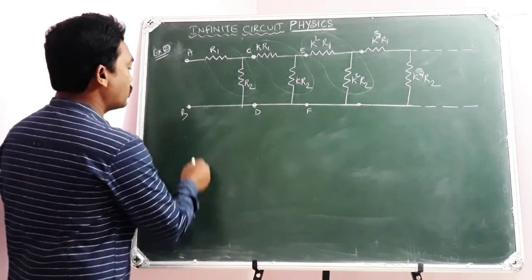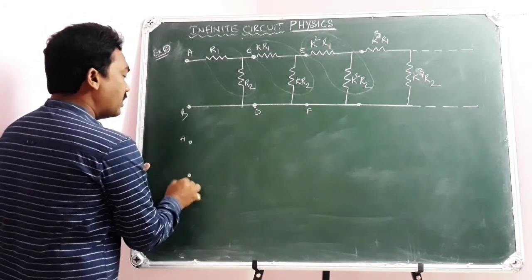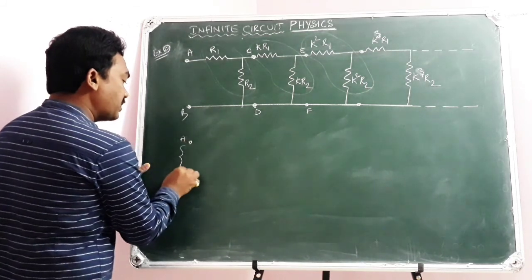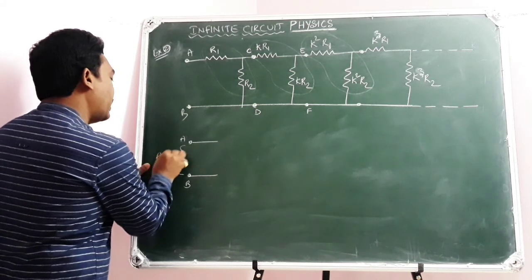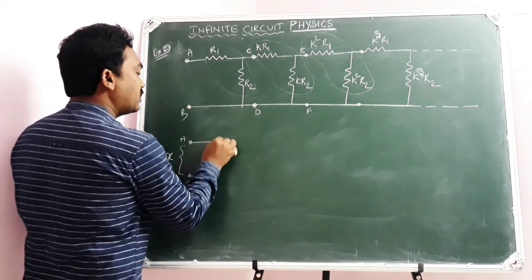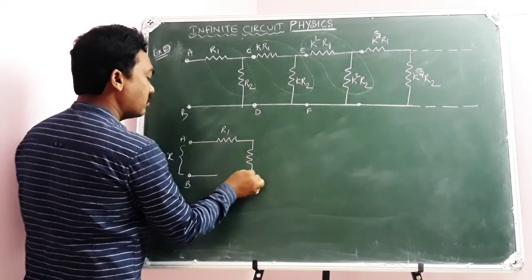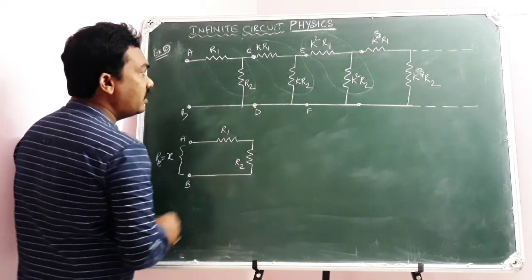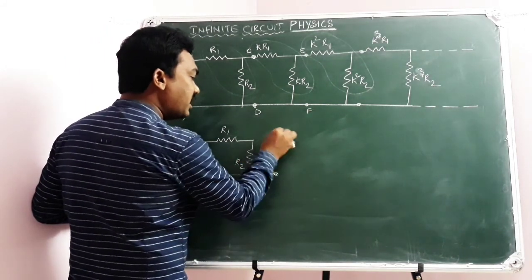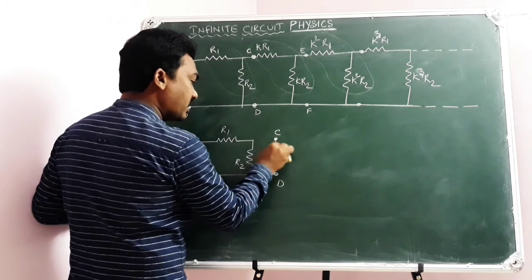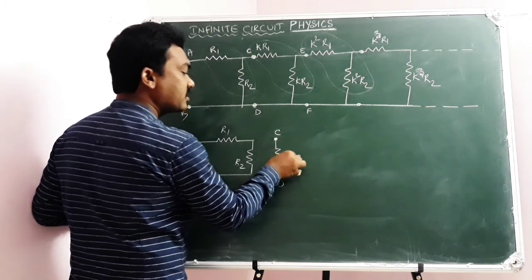So my conclusion is going to be, here this is A and this is B. Let me suppose the equivalent resistance across AB is some X units. So this is R1 and this is R2. Then equivalent resistance between C and D will be Kx, K times of X.